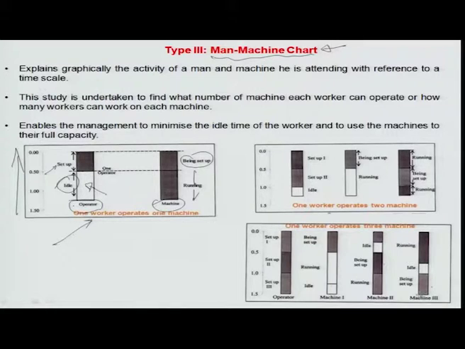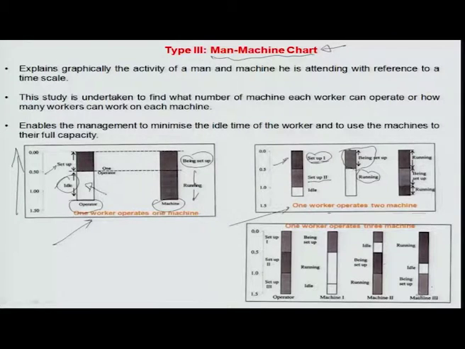The best idea would be to give one worker two machines to operate. Now you see in this case you have two different setups, for machine 1 and machine 2, which have to be executed by the same worker. Machine 1 is set up for the first time between 0 and 0.5 seconds by the worker, and the moment this is set up, the running of that machine can start after 0.5 seconds.